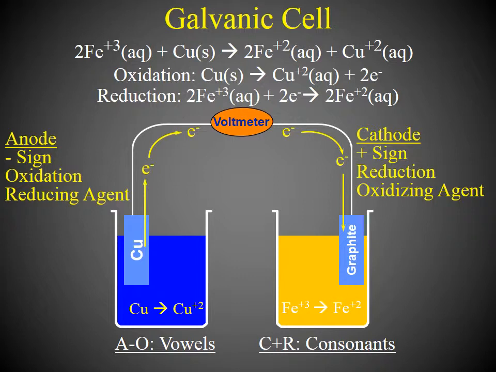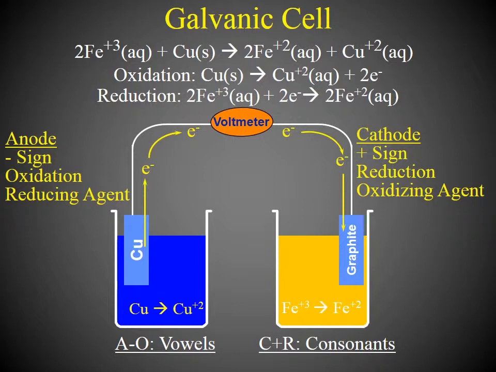Now, however, this galvanic cell is not finished yet, because notice that the moment on the anode side I start converting some of the copper metal atoms into copper 2 ions, in solution I'm going to have immediately a buildup of positive ions.